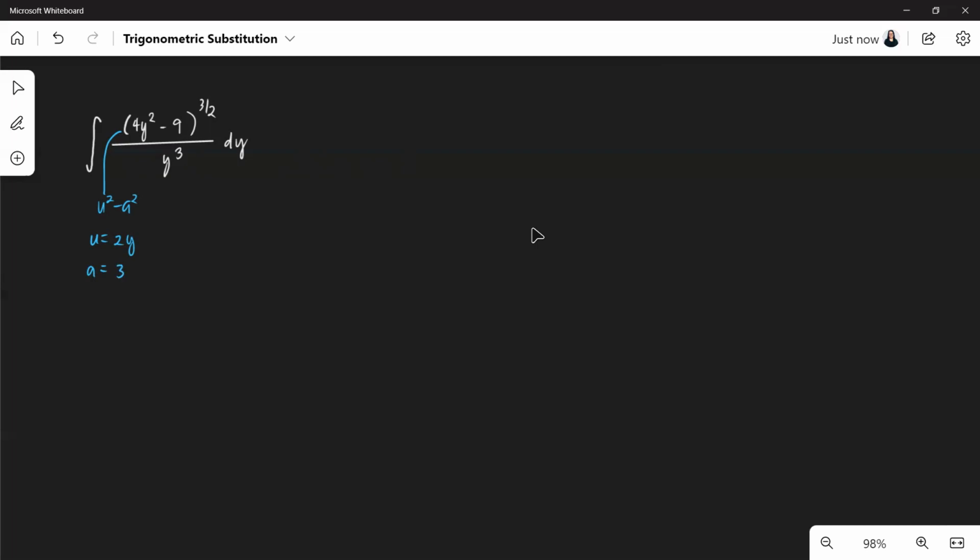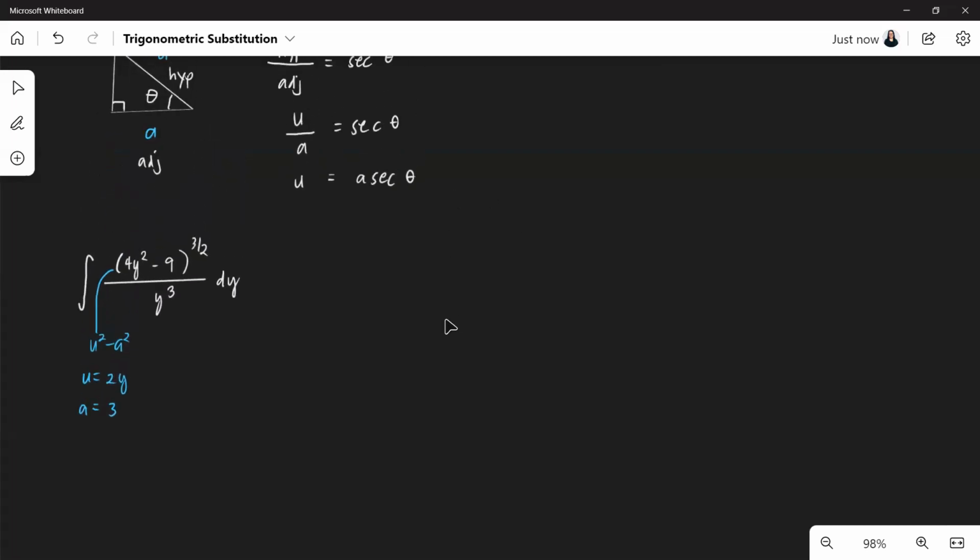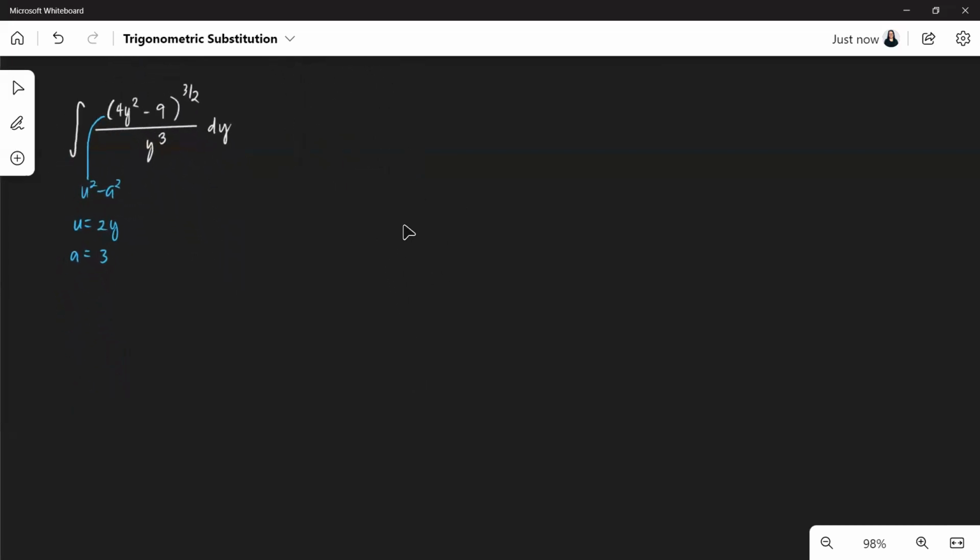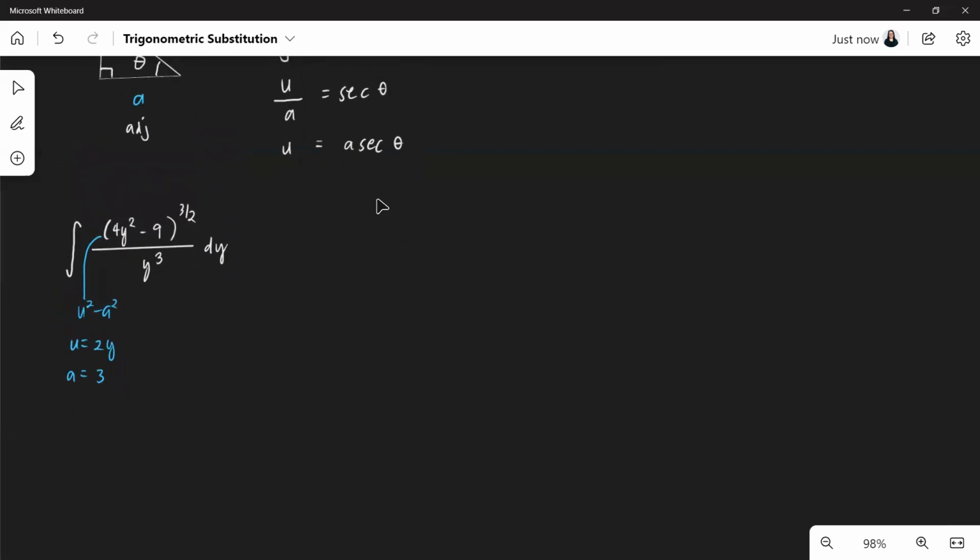Again, if you cannot recall this equation, then you derive it. If we use this directly, we would be using 2y equal to 3 times secant theta.